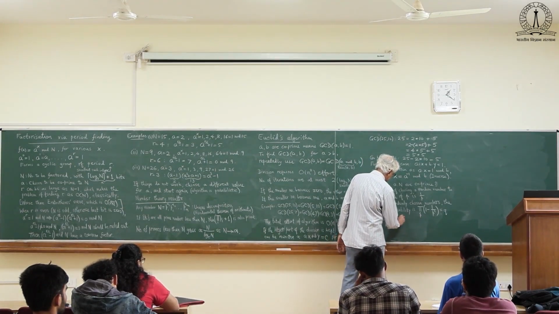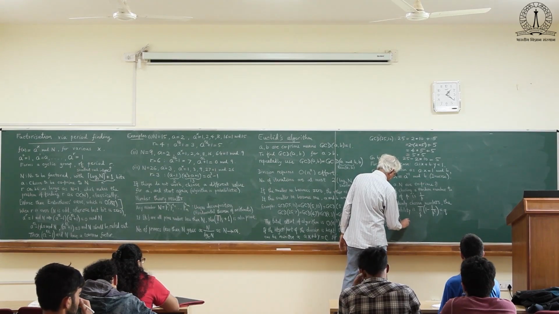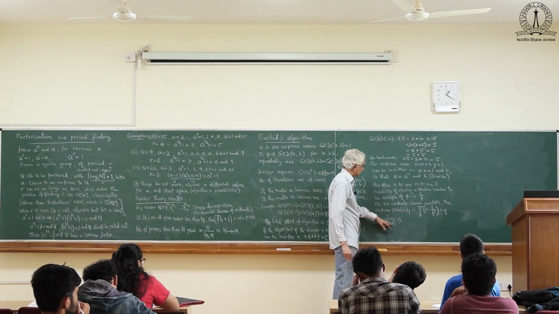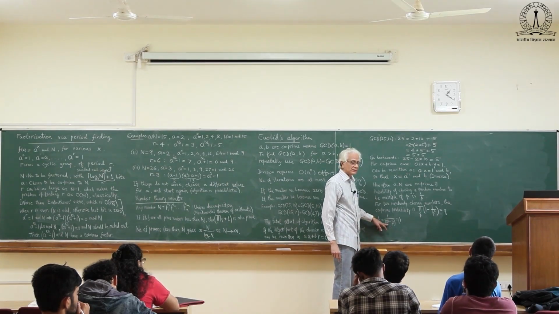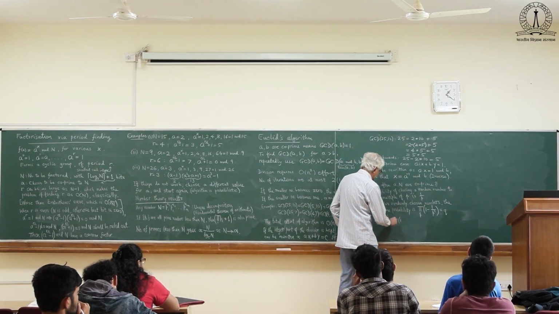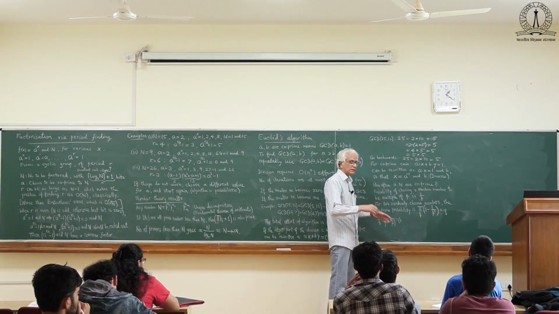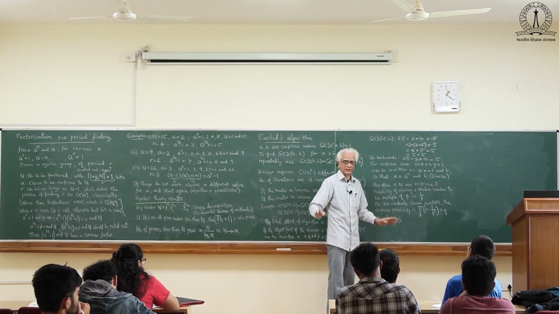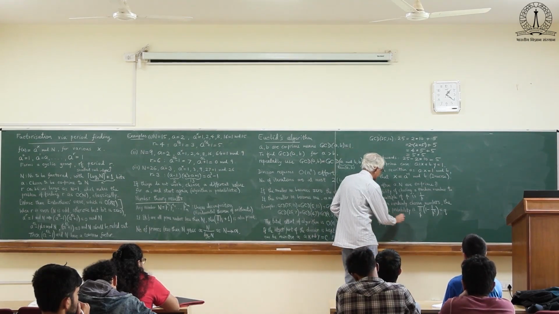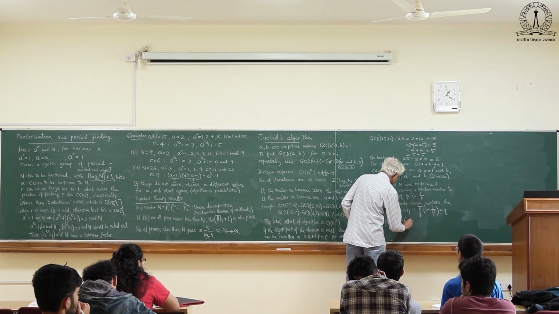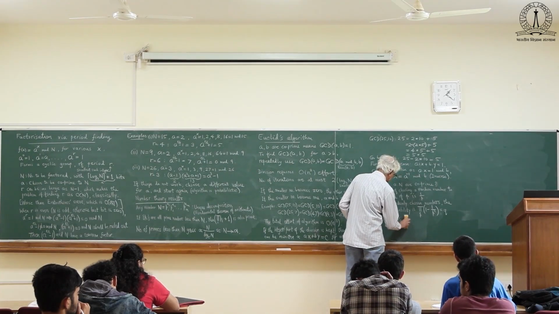I will do a simple Taylor series expansion for these factors, and the reciprocal of 1 minus x is 1 plus x plus x square plus x cube, just a geometric series. Okay, so 1 over p1 square.